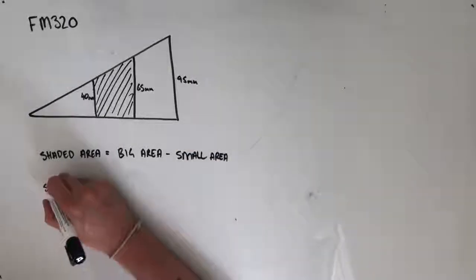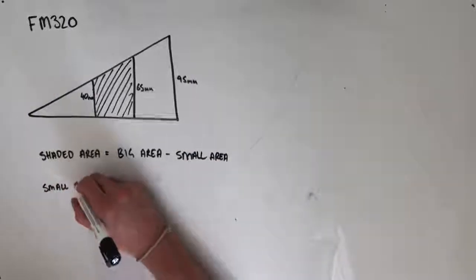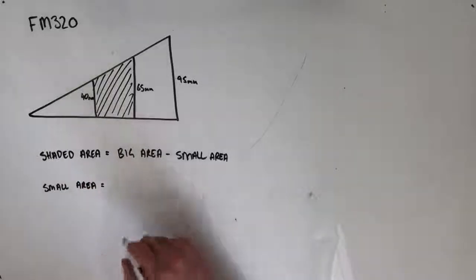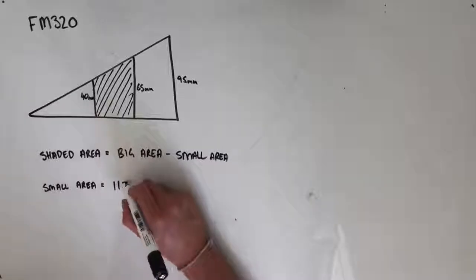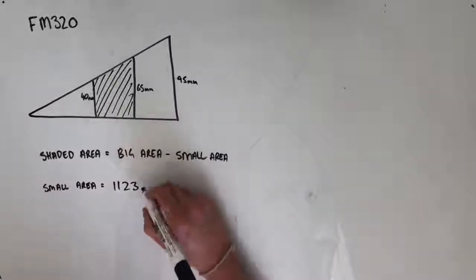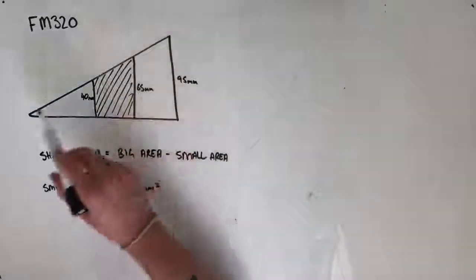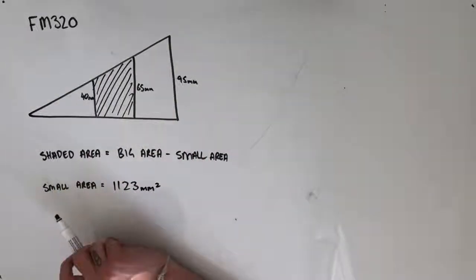So we know that our small area is going to be equal to 1,123 millimeters squared. However, finding our larger area is going to be a little bit tougher.